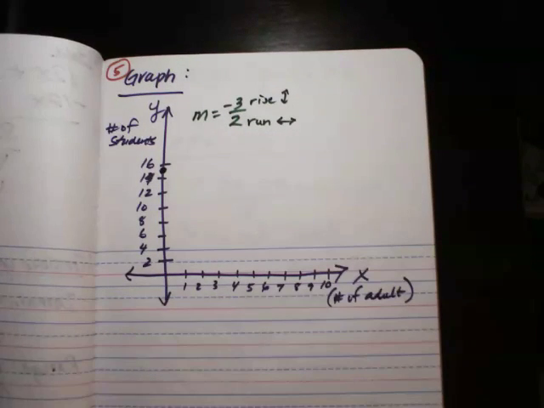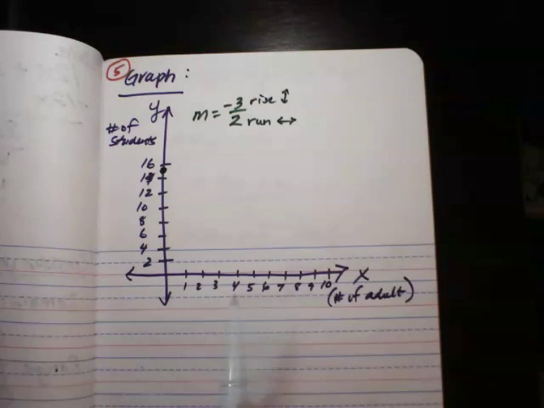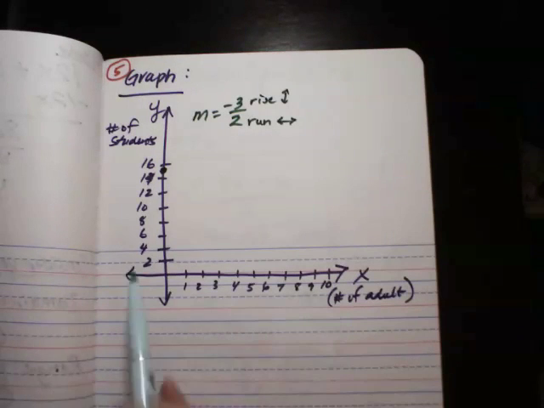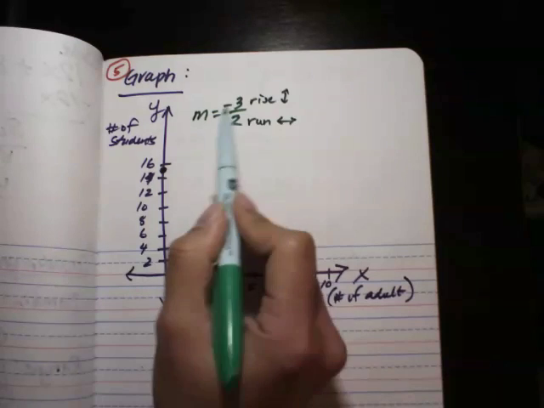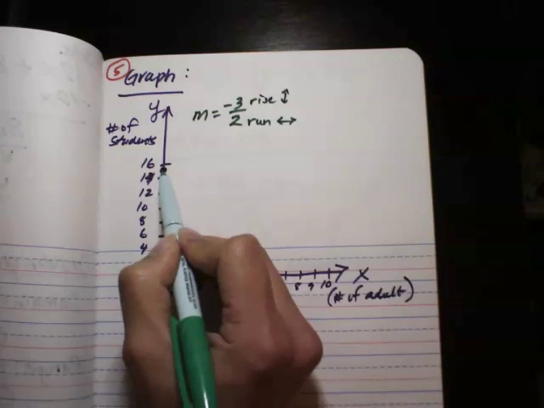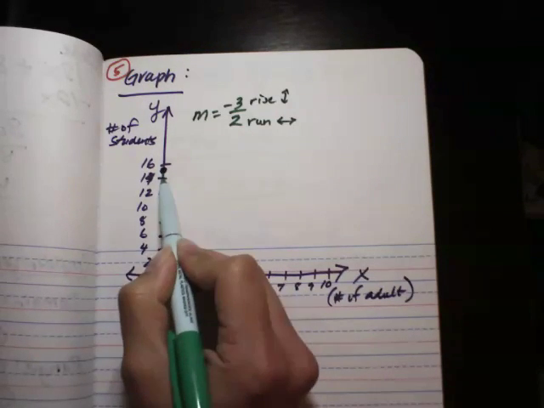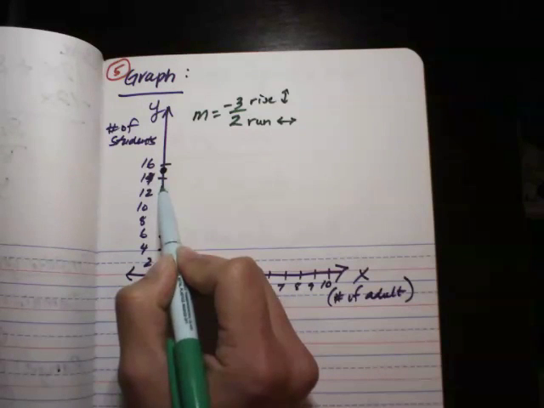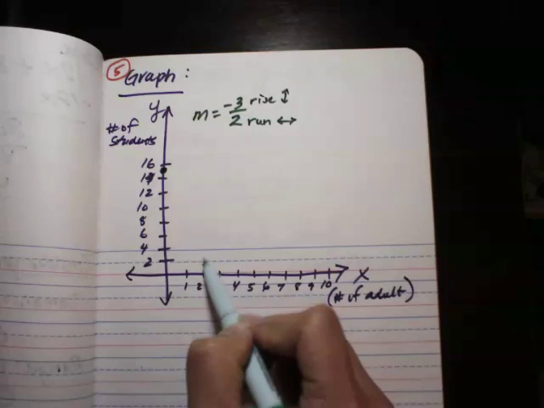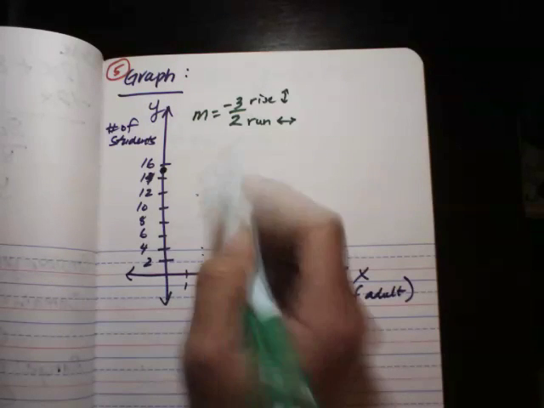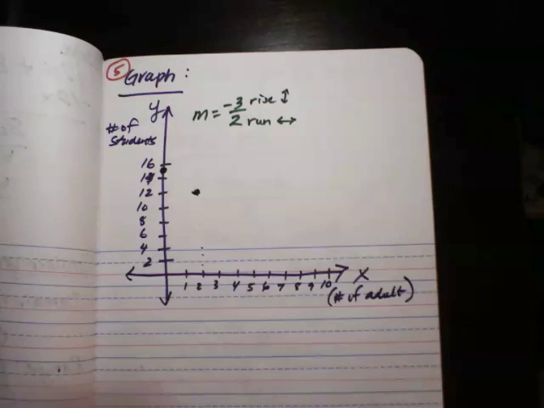I'm going to write this to be careful because I have scaled the axes by different amounts. On the bottom my scale is by 1, along the side it's by 2. So I'm going to go down 3 units, from 15 to 14 to 13 to 12, and then move over to the right 2. So (2, 12) is a point.